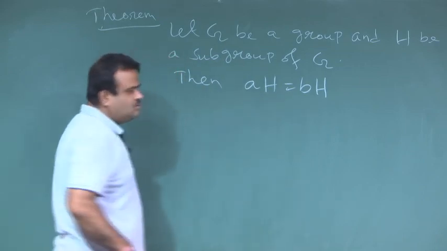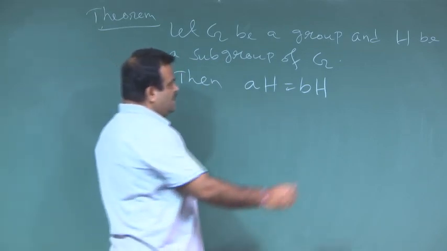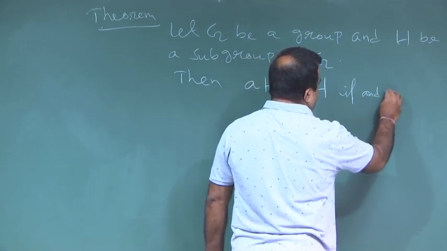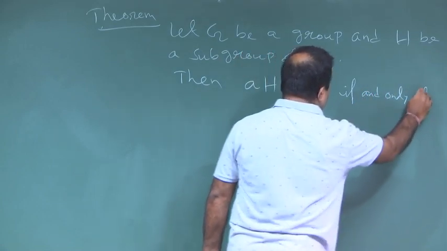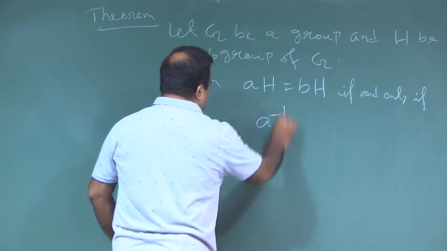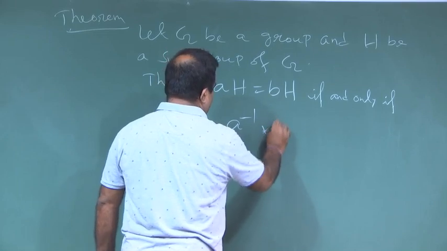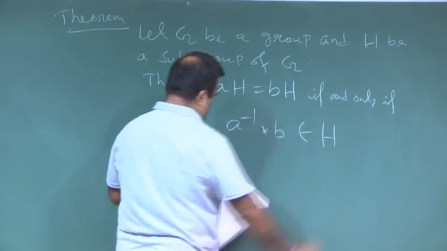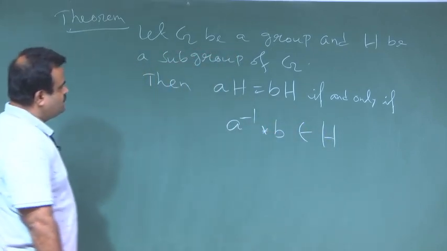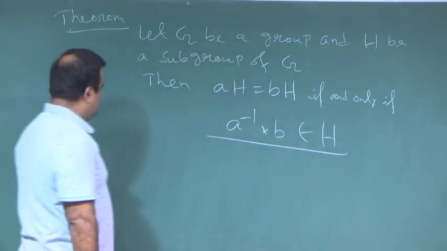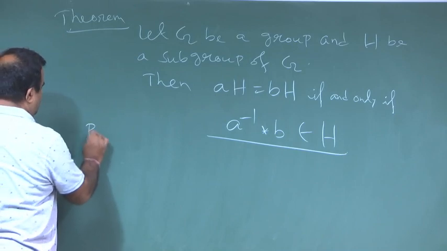Now, we are interested to know when they will be the same. If and only if, this is a necessary and sufficient condition, if and only if this condition is happening, A inverse star B belongs to H. Okay. So, this is the necessary and sufficient condition.